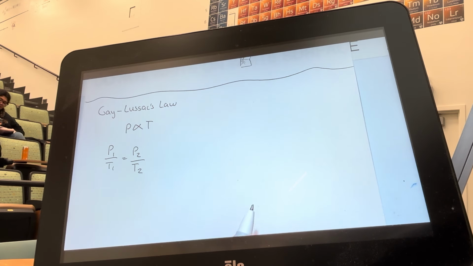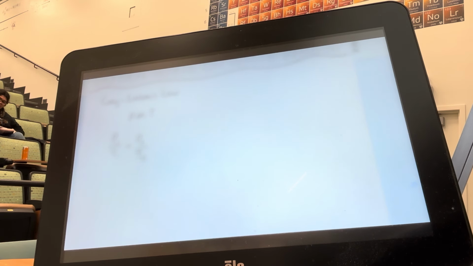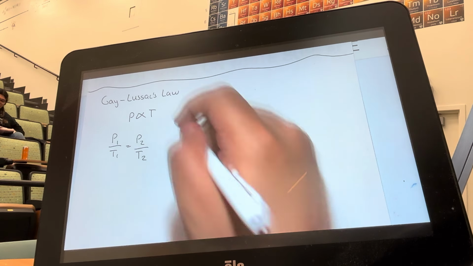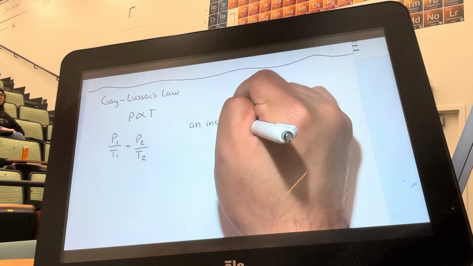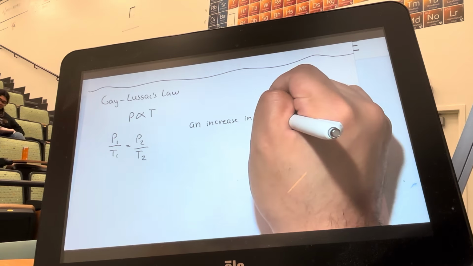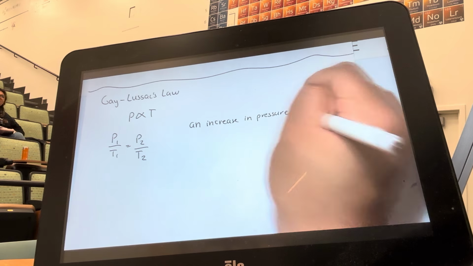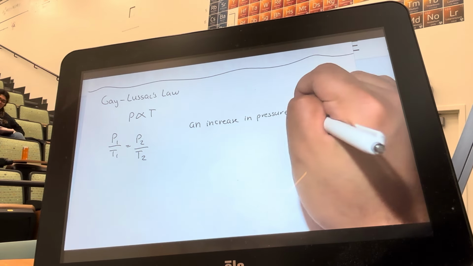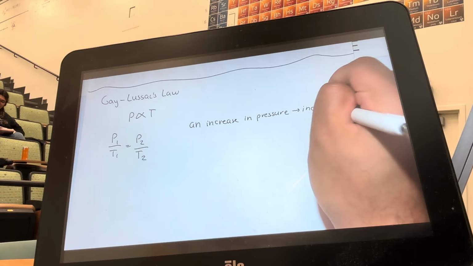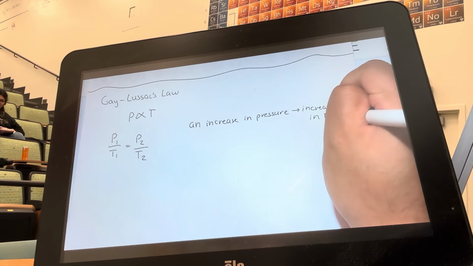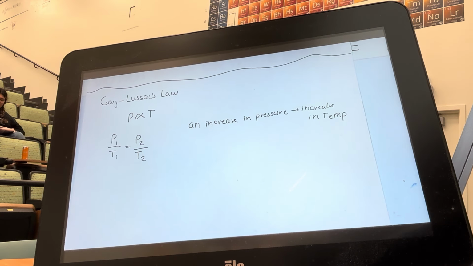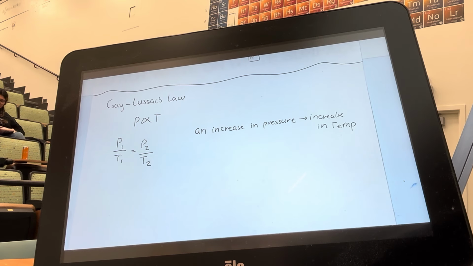Right? And so, if you increase in pressure, it means an increase in temperature. Okay? That's all I want to say.